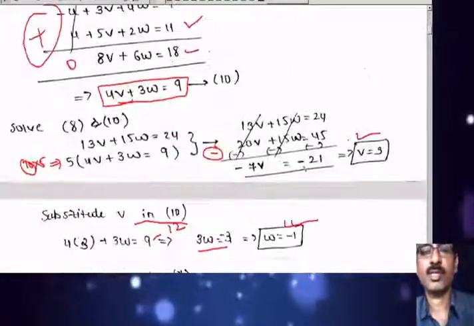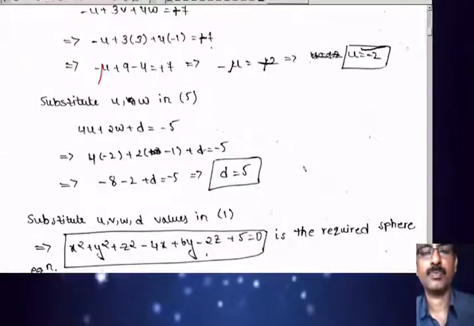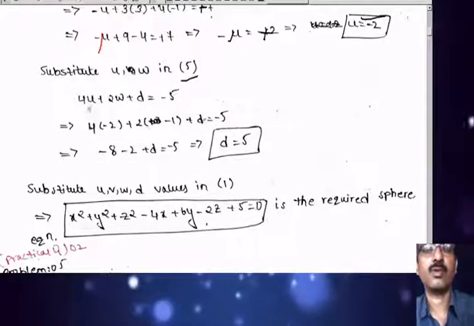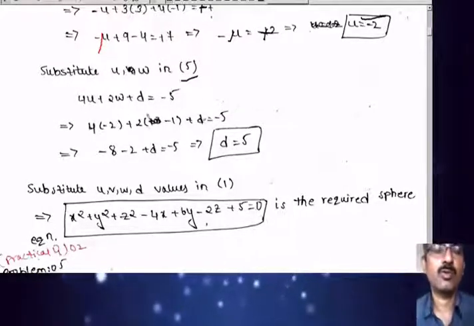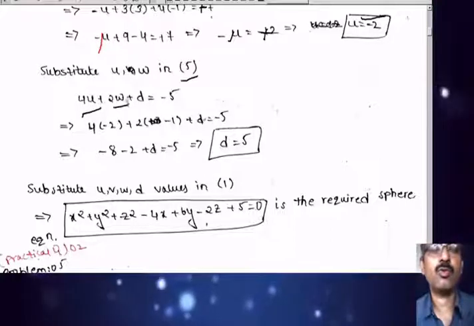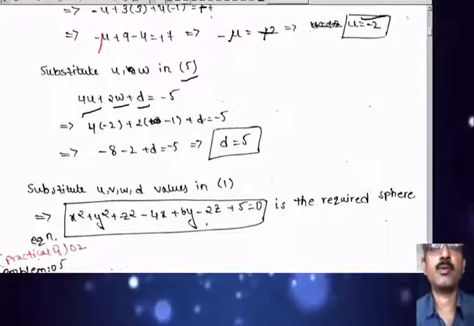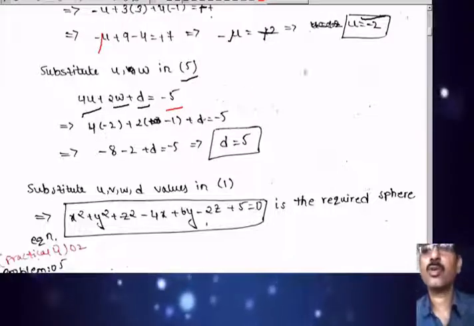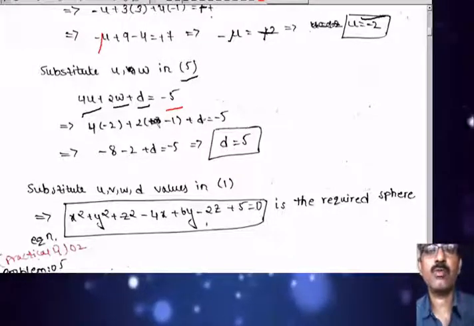Here we have selected equation 5, that is 4u plus 2w plus d equal to minus 5, and substitute the values. Here u is minus 2, w is minus 1.